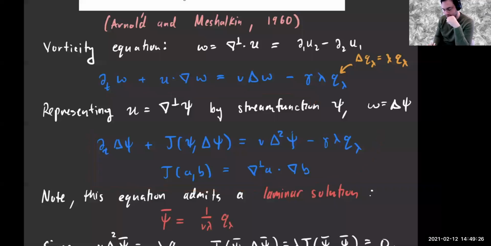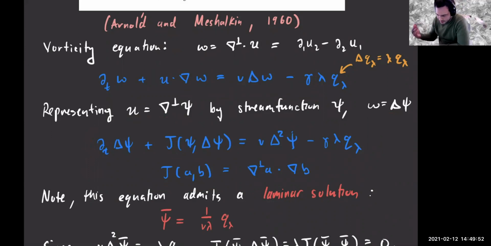So I've introduced this Poisson bracket J, which is grad perp of A dot grad B. And now this nonlinearity in terms of the stream function becomes this Poisson bracket of psi with its Laplacian, because if U is given by this, the vorticity, which is the perpendicular divergence, is the Laplacian. So this is now the system that we want to study.